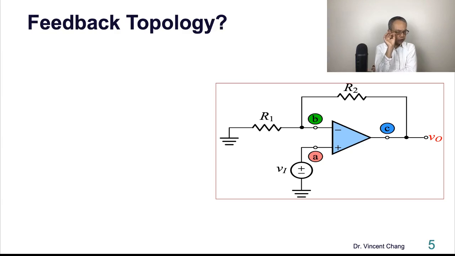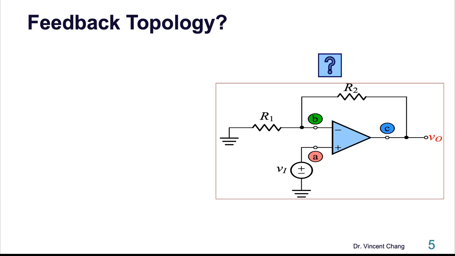But you can also look at this from the feedback perspective. Let me ask you, what feedback topology is this circuit? What types of mixing and what types of sampling?